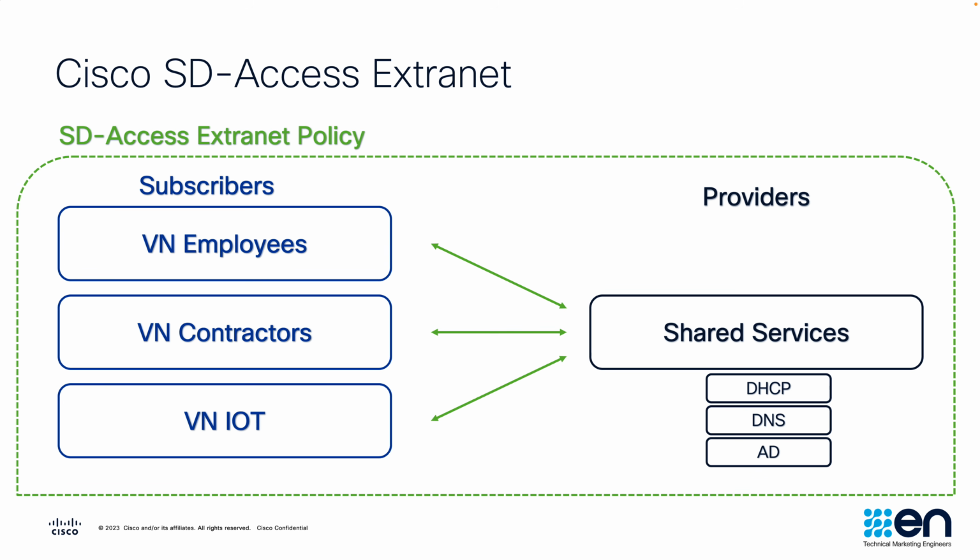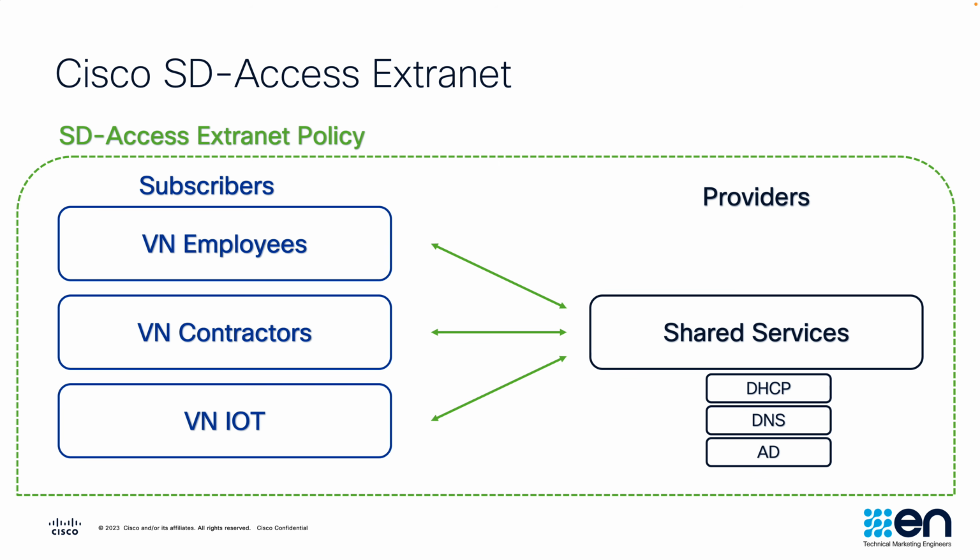So, how do we define the relationship between these entities, you may ask? This is where the extranet policy comes into play. The extranet policy consists of a set of rules that specify the connection between the provider virtual network and one or more subscriber virtual networks in a policy.